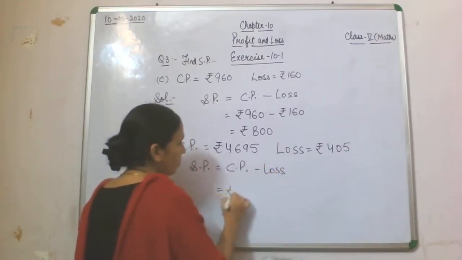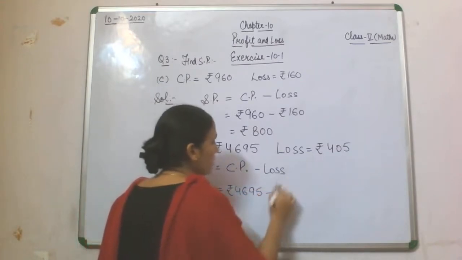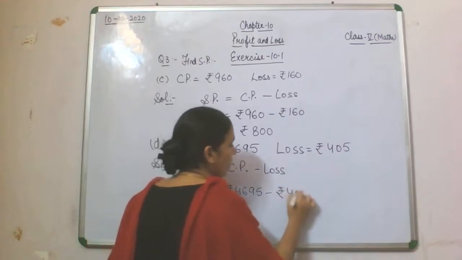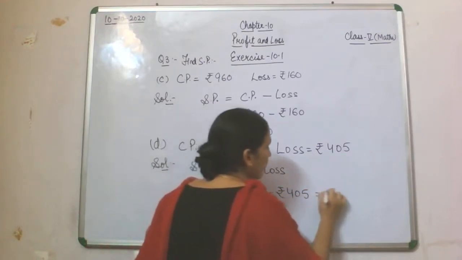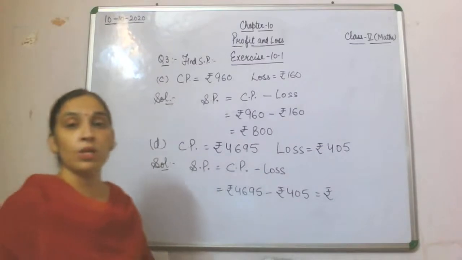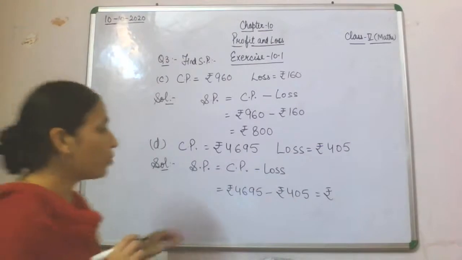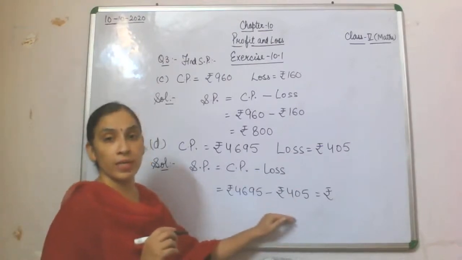So what we will do here? Rupees 4,695 minus rupees 405. Do the subtraction and you will get the selling price, because that particular item was sold for that much rupees less. That's why you are getting a loss of rupees 405.